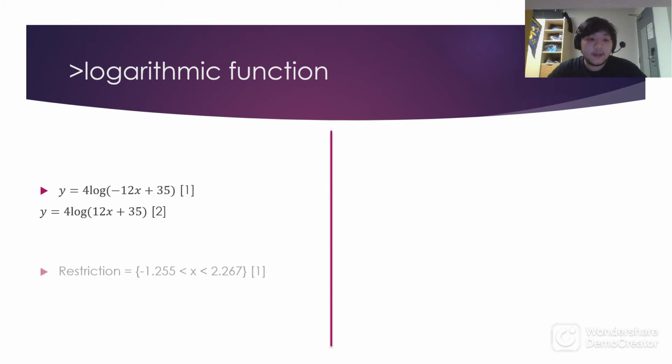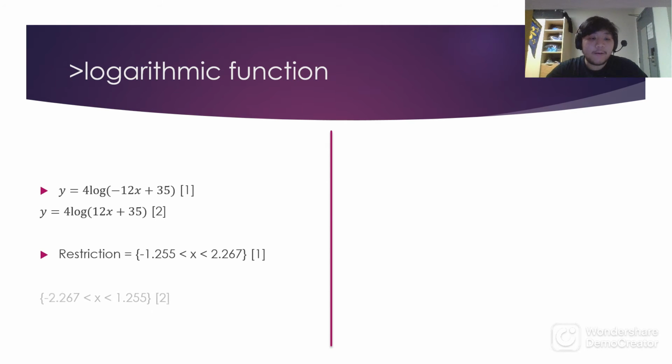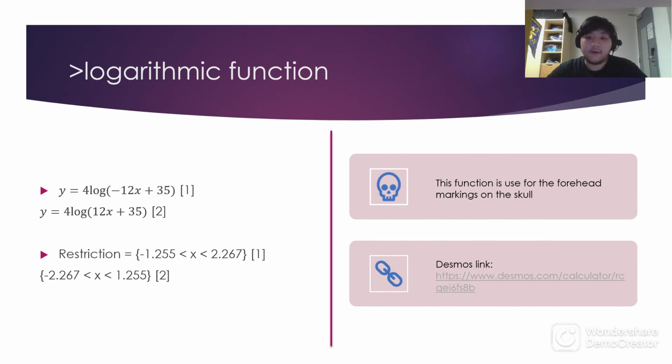The restriction for number 1 is x greater than negative 1.255 but less than 2.267, and number 2's restriction is x greater than negative 2.267 but less than 1.255. I use the logarithmic function in the logo as the markings on the forehead of the skull. To make things a bit clearer, we could just follow the link again, as so.